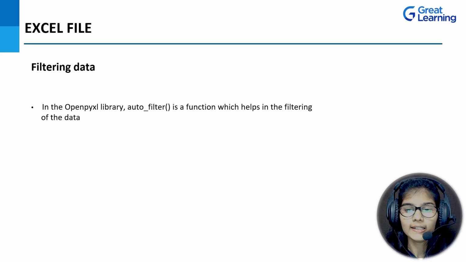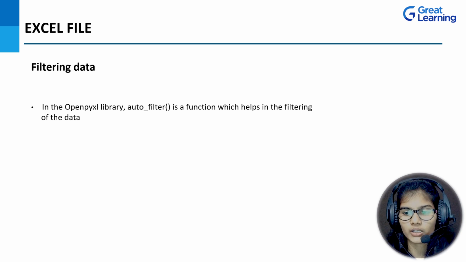So that is called filtering of your data: managing and getting the data according to you. As we saw, OpenPyXL is a library which allows us to do all the stuff regarding Excel files. Here we have the function auto_filter, which helps you filter the data.